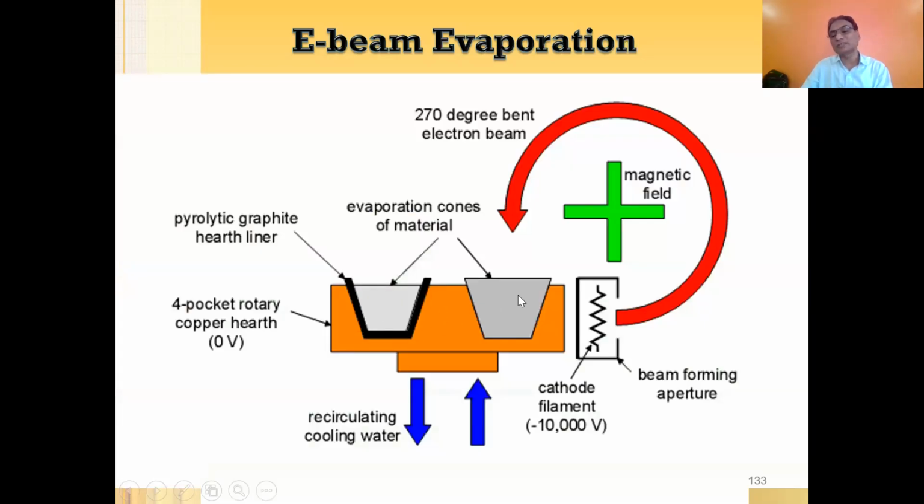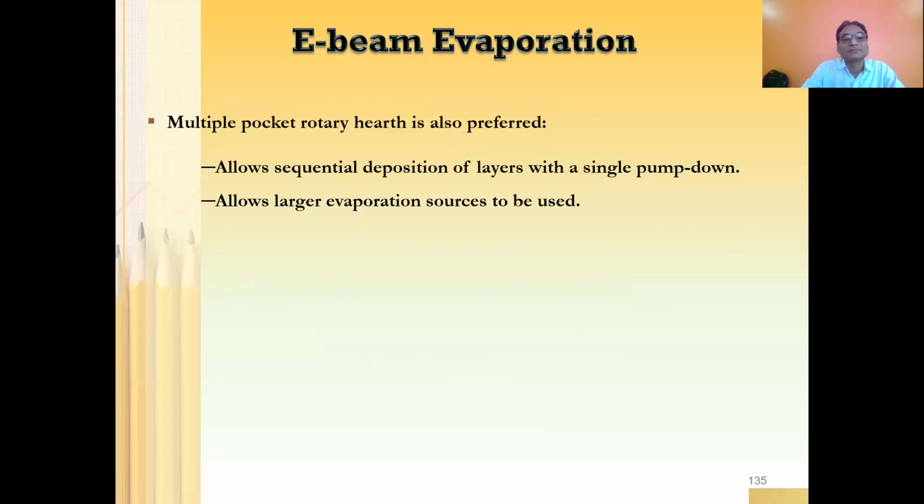What happens is, you are not going to have a single crucible. There will be multiple crucibles available, and as a result you will be minimizing the wastage, and the deposition rate can be better. So there are some advantages.